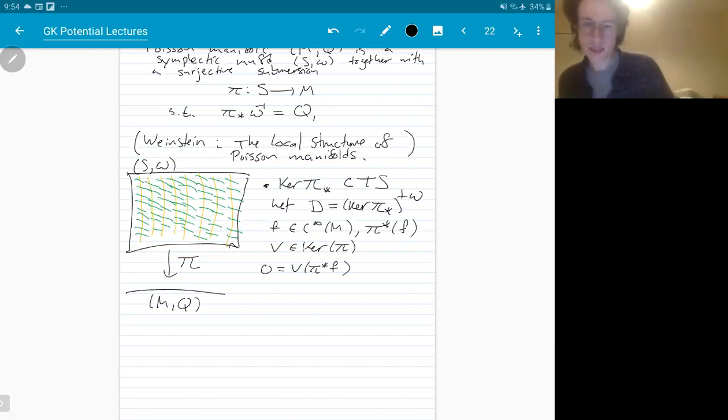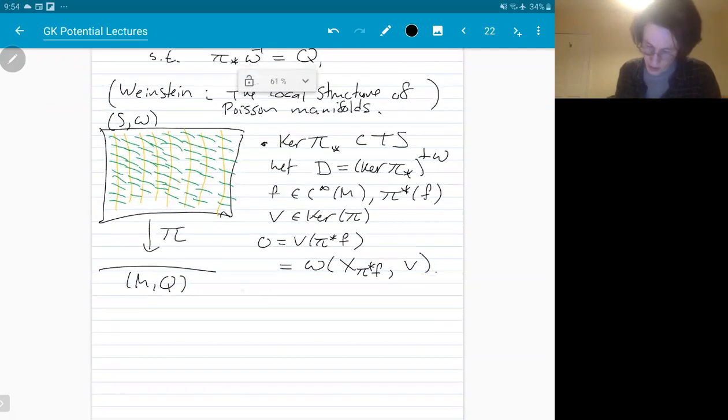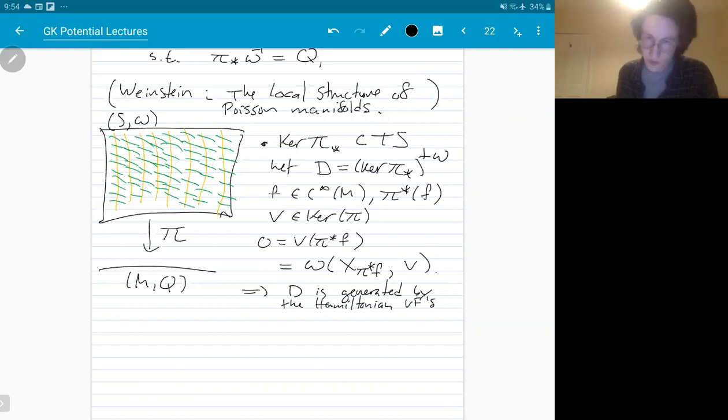But using the symplectic form, I can rewrite this as omega of the Hamiltonian vector field of the pullback of f, paired with V. So what this is saying is that D is generated by the Hamiltonian vector fields of the functions on M.